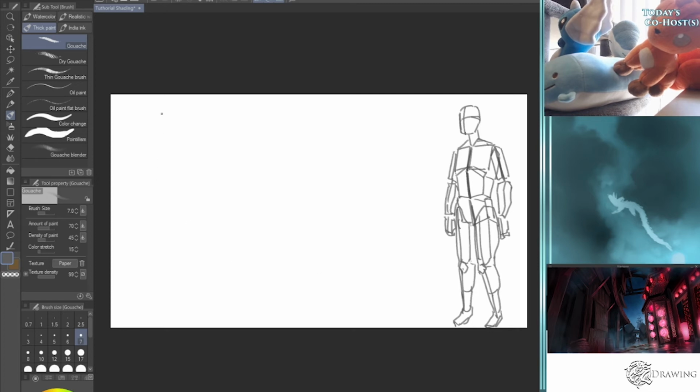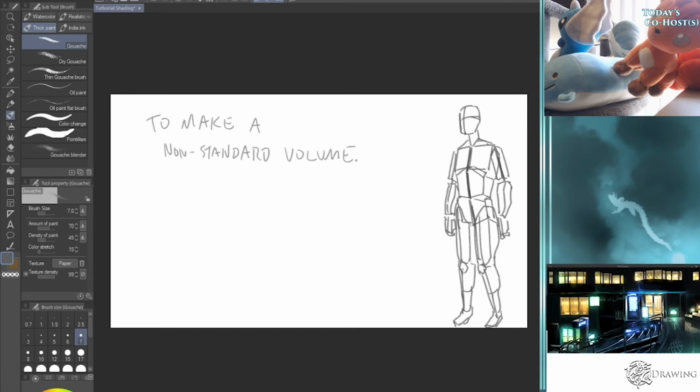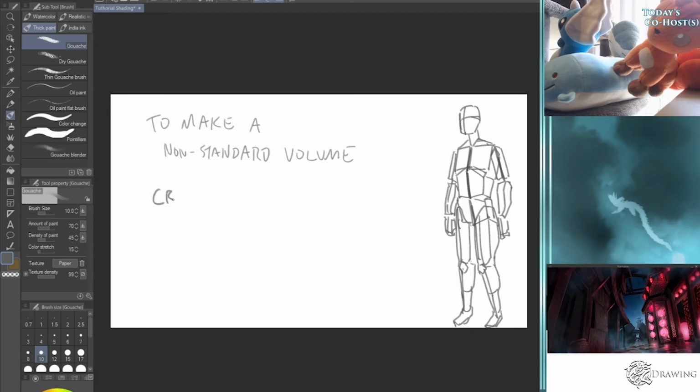So if you're going to make a non-standard primitive, or let's say a non-standard volume, then you need to know a few things. You need to know the cross sections.